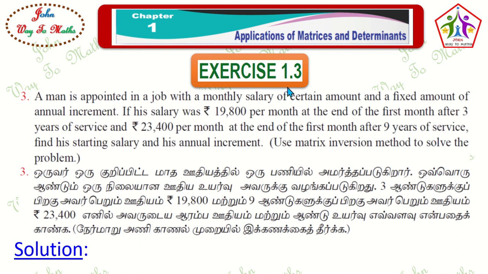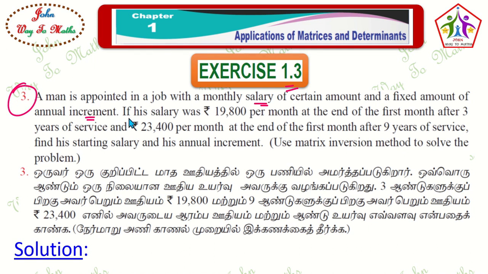Exercise 1.3, Question number 3. A man is appointed in a job with a monthly salary of a certain amount and a fixed amount of annual increment. So salary and increment பத்தி பார்க்க போறோம்.